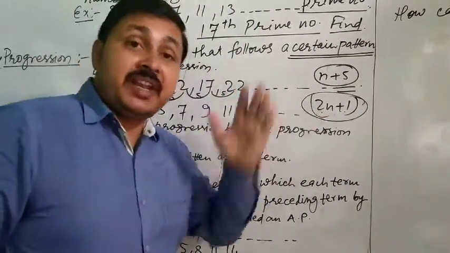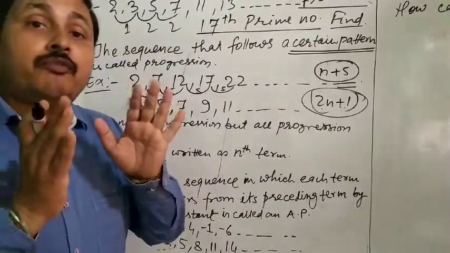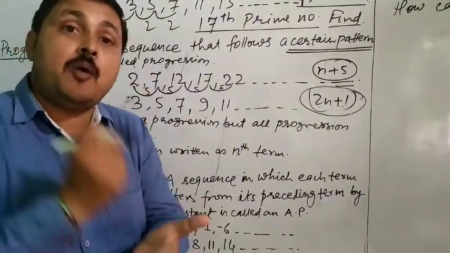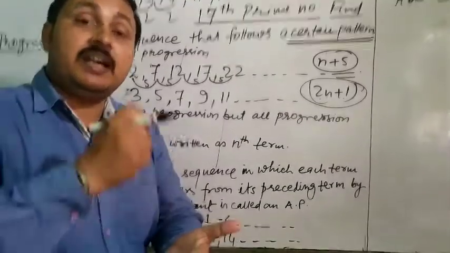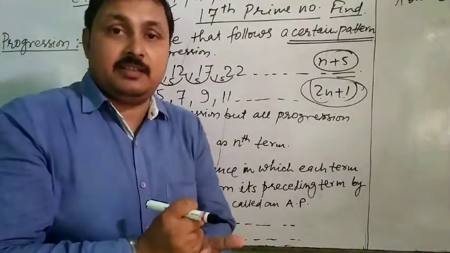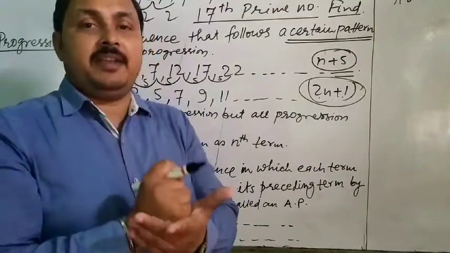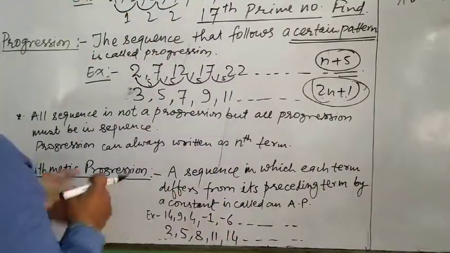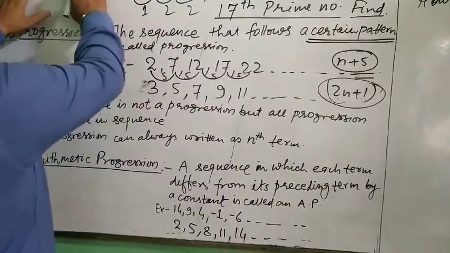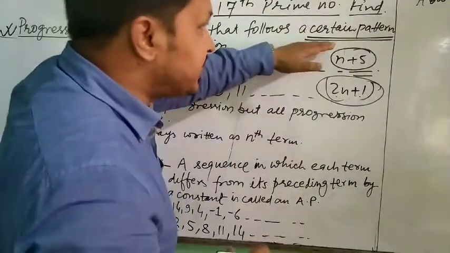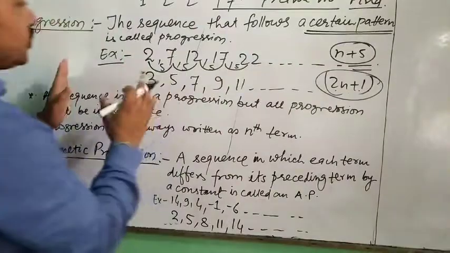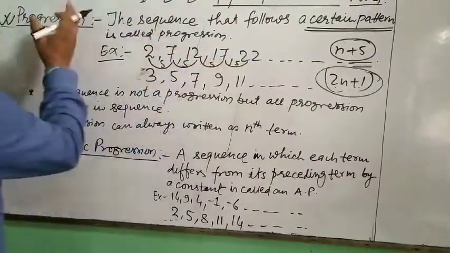According to a certain pattern, we should find the certain common difference, that is the D. So any sequence with a certain pattern, we can say that this is a progression.